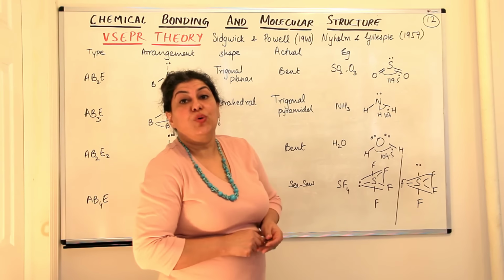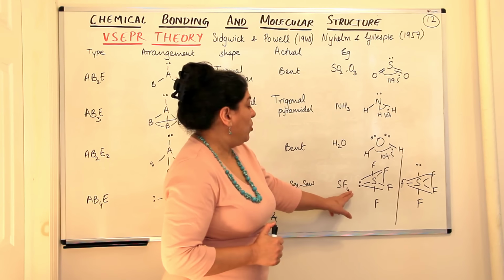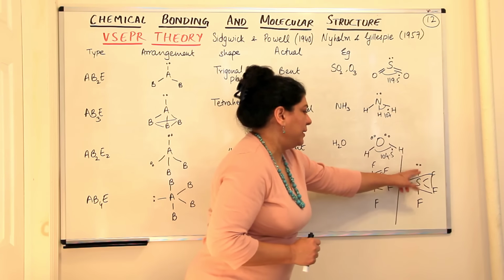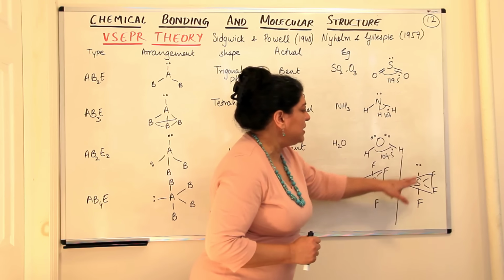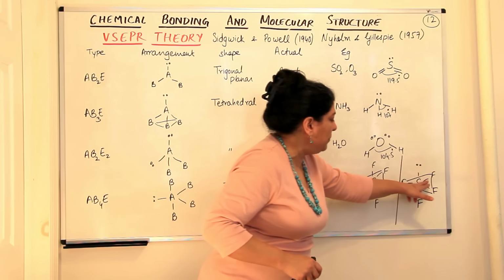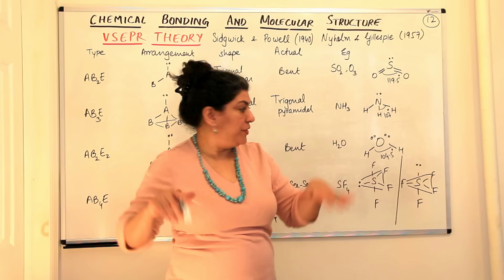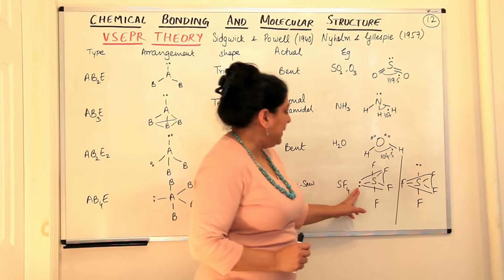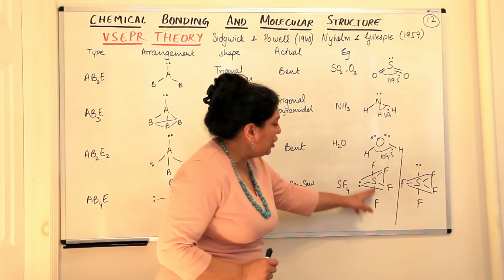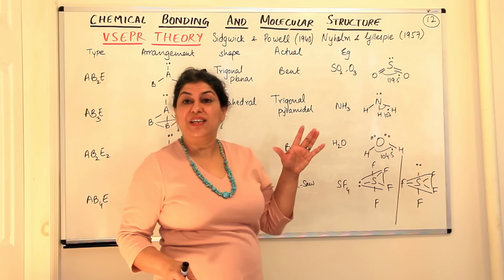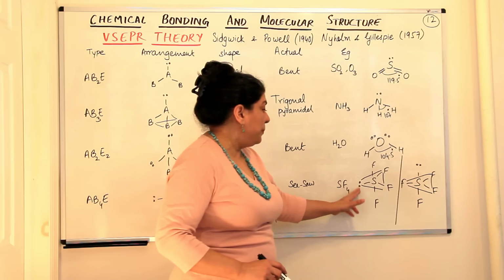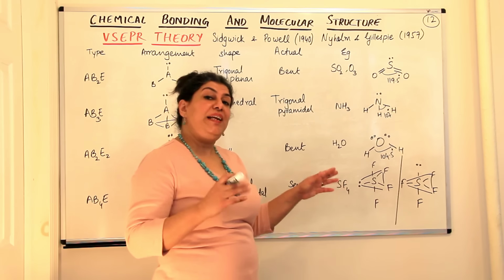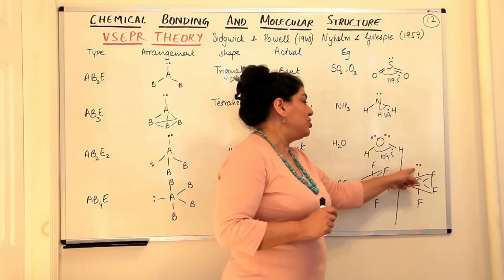Why is the equatorial one correct? Let me see the axial one first. The axial lone pair is repelling these 3 bonds which are at 90 degrees to it. It is repelling 3 SF bonds. While here the equatorial one is pushing only 2 of these which are at 90 degrees to it. So the repulsion here is actually lesser in comparison to the other structure.